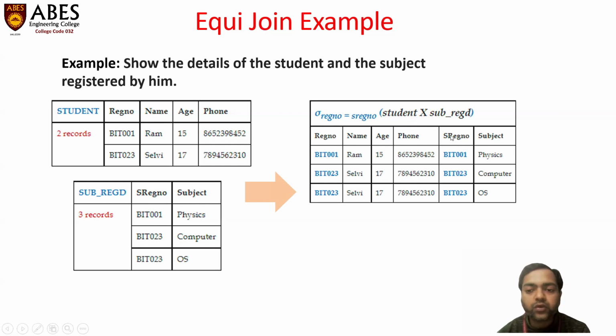But in an equijoin, both of these attributes appear in our resultant relation. When we talk about natural join, this superfluous attribute is eliminated. If we have a common attribute in a resultant relation, only one column will be represented.